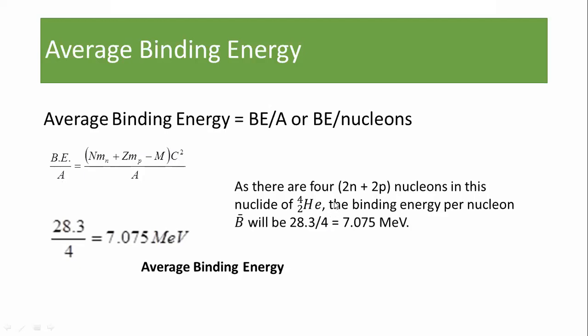We have already calculated the binding energy of helium, and the number of nucleons is four, because there are two neutrons and two protons. So you just divide by four, and this will give you the average binding energy per nucleon.